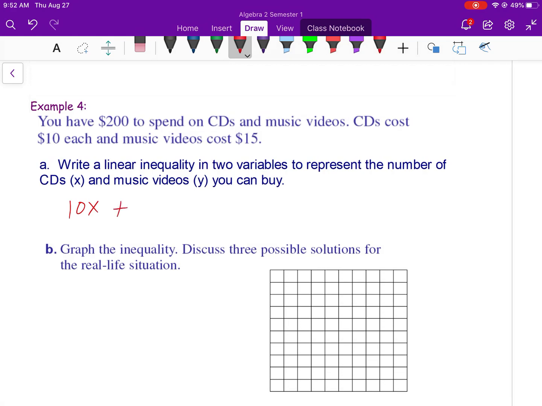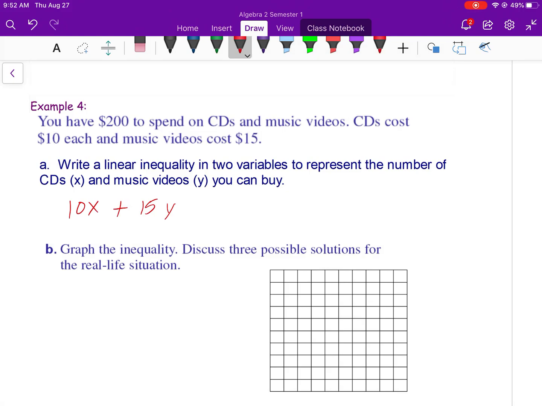But we are also buying music videos, so we have to add that amount to our total. Same idea, but now we're spending 15, so we're going to say 15 times that number of videos that we buy. Now, we have $200 to spend.